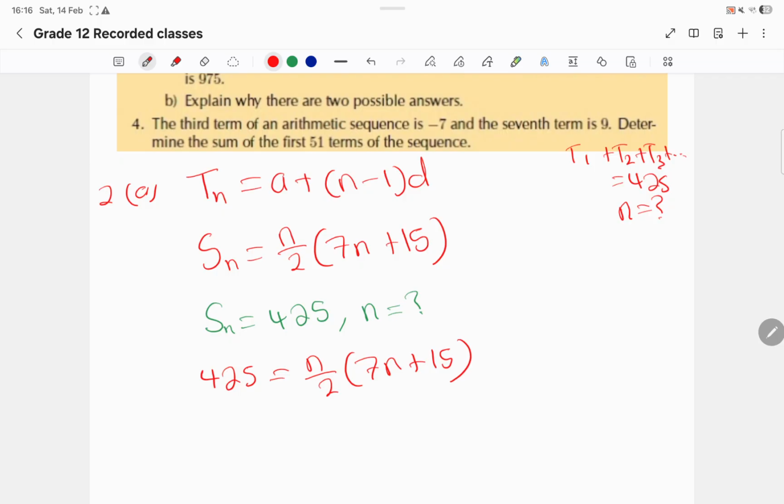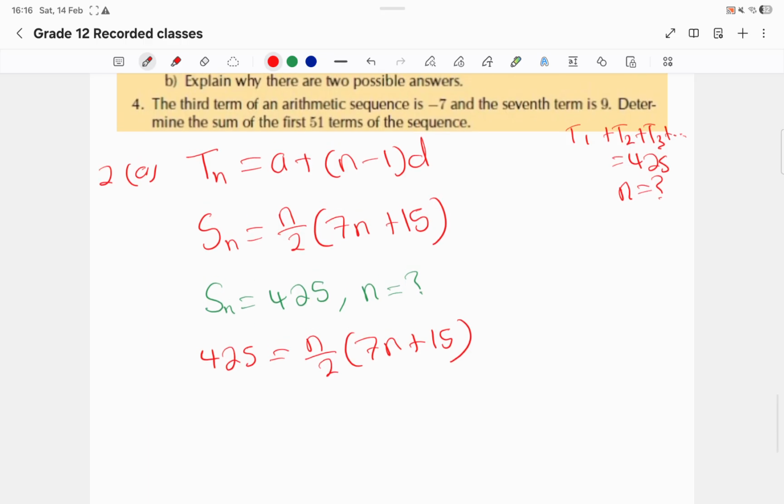So we're going to apply our algebraic knowledge to solve for n. I hope that makes sense. Now we take 2 multiplied by 425, because we are cross multiplying, and we get 850 equals n times (7n plus 15).